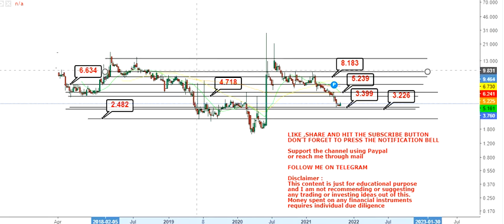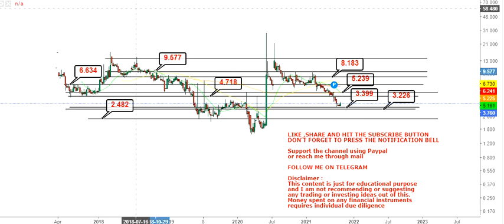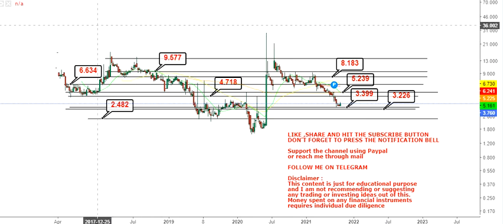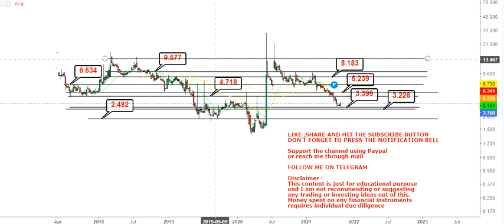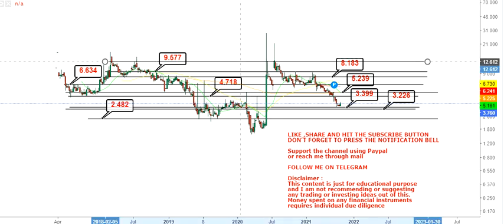Although you can see that there are very big swings, you need to understand and at least have a safe passage. Let me just finish with all the levels, then I will explain the rest. Otherwise I don't want to confuse anyone. So after 8.18 you have 9.5. Beyond 9.5 you have 12.61.